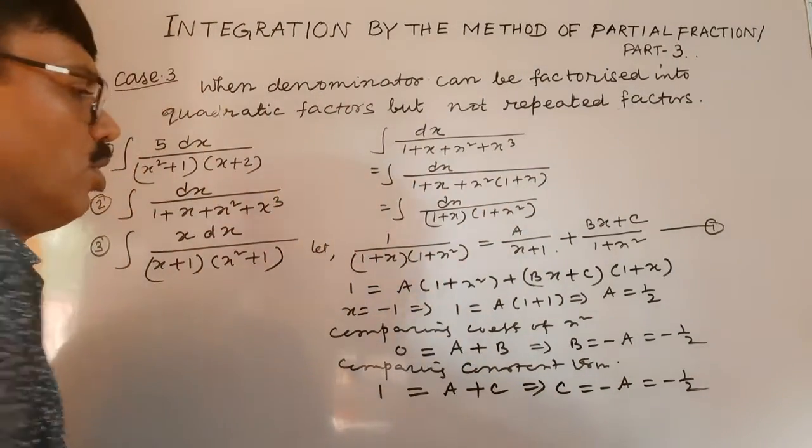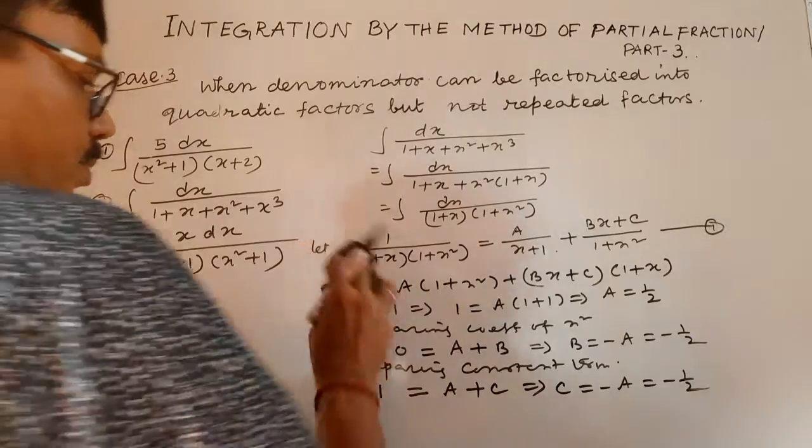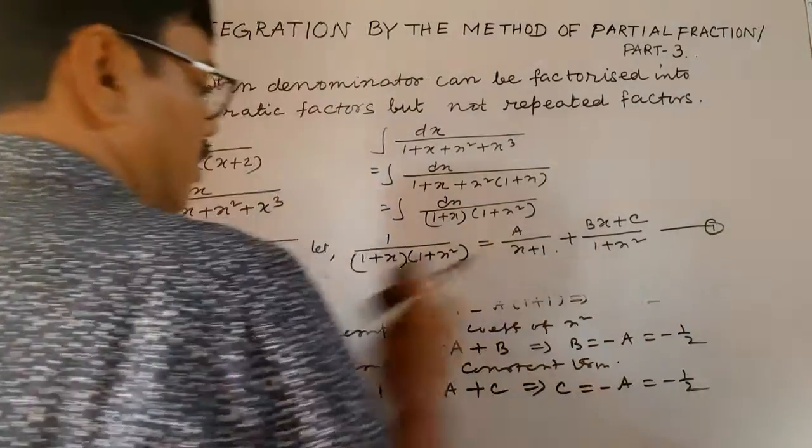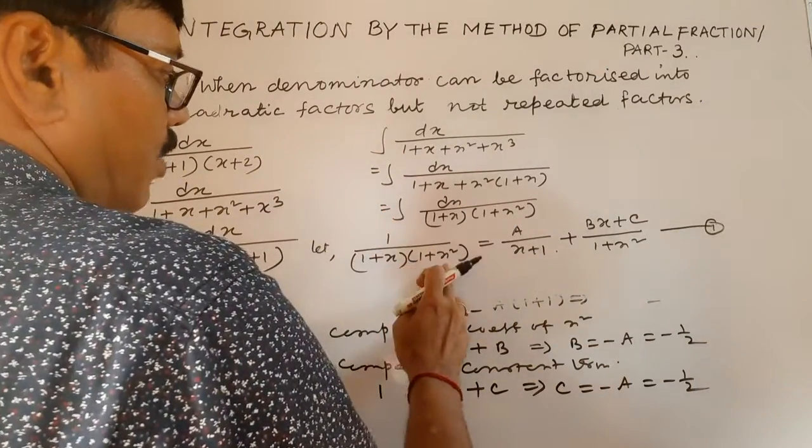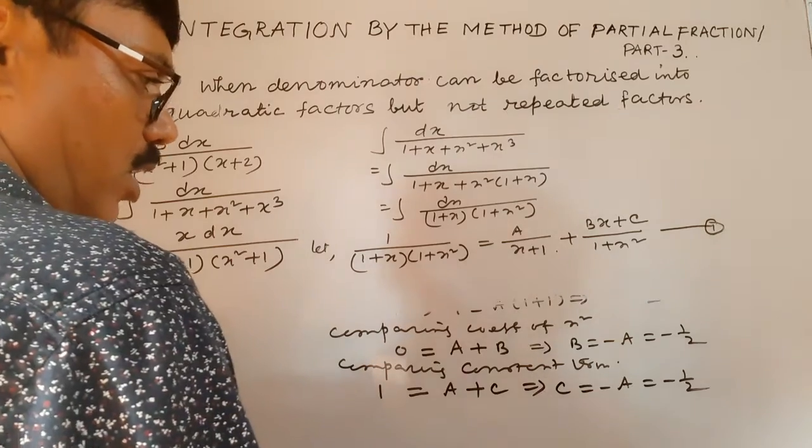Now putting the values of A, B, C, what are we getting? 1 by (1 plus x) into (1 plus x square).